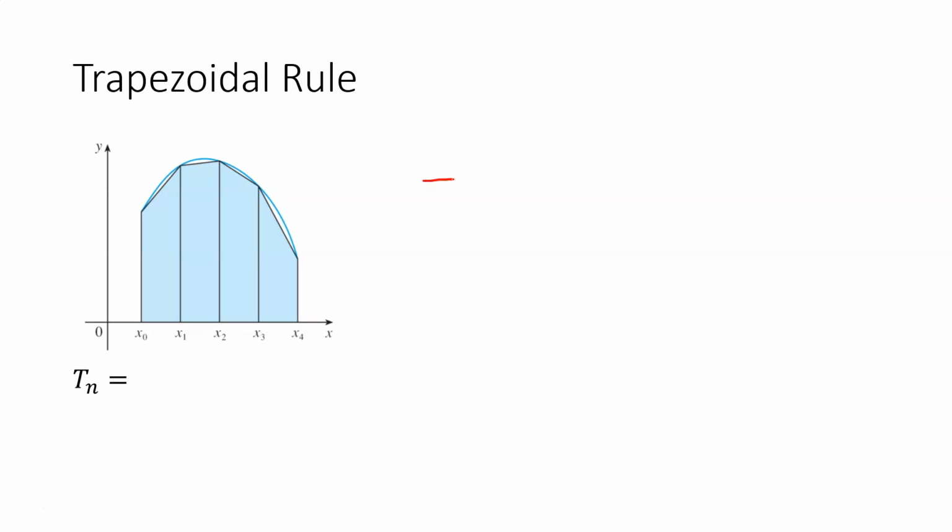So say I'm looking at just this first trapezoid, which has a shape like this. So it's got two bases. One base over here has a height of f of x1, and the other base over here has a height of f of x0. And the width at the bottom would be delta x.